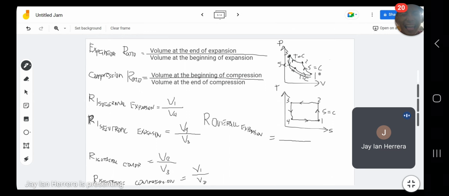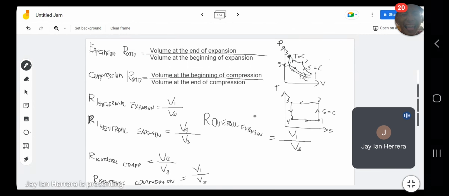Ang volume at the end of expansion is 0.1, so that is V1 all over the volume at the beginning of the expansion, that is V3, the lowest volume. Ayun nga, nag-vary din yan kung saan point ka nag-start ng cycle.